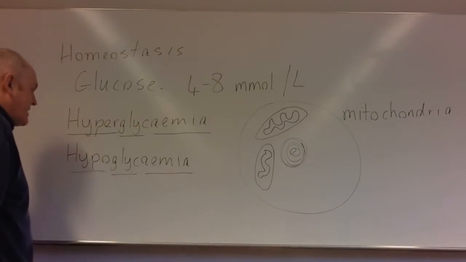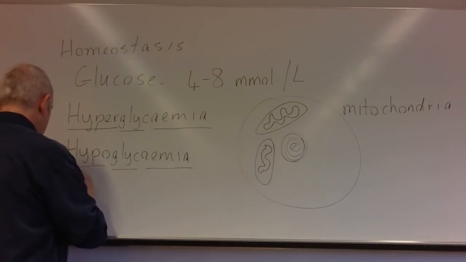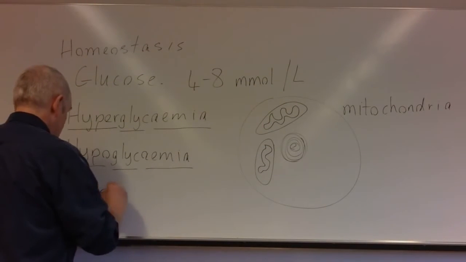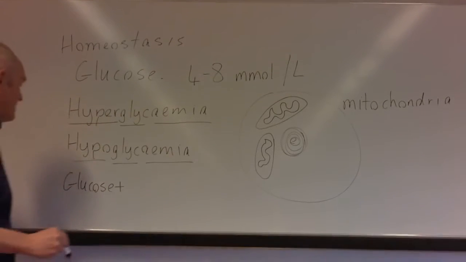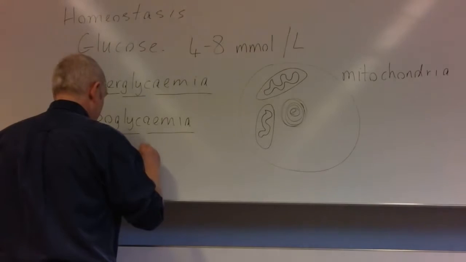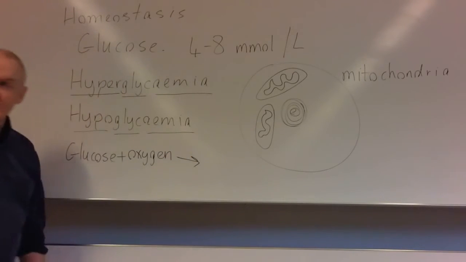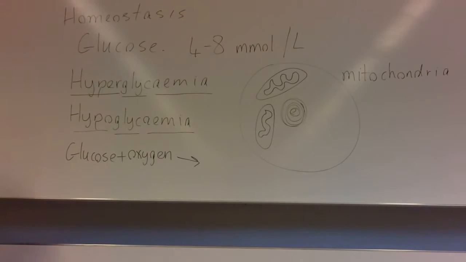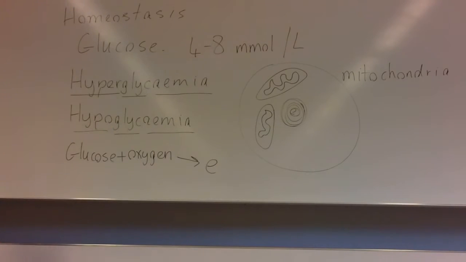So what happens in cells is that glucose combines with oxygen, glucose and oxygen, and it's that which produces energy. The glucose is burnt in the oxygen to give us the energy.